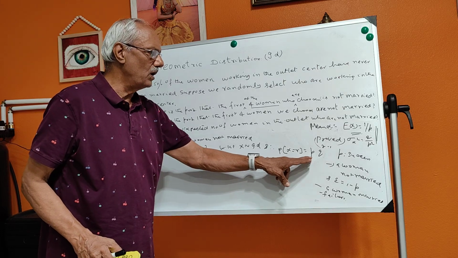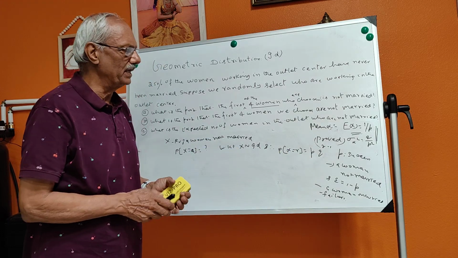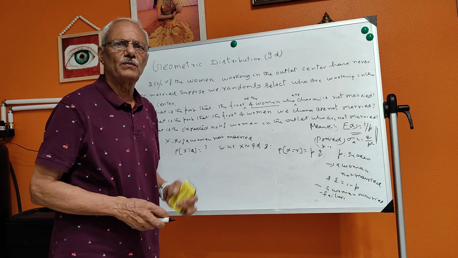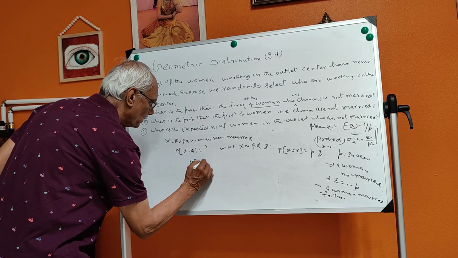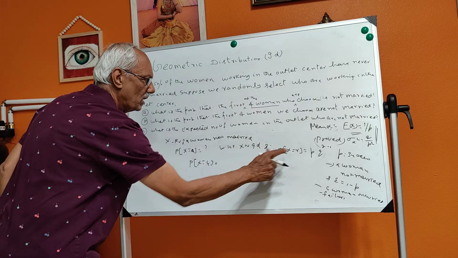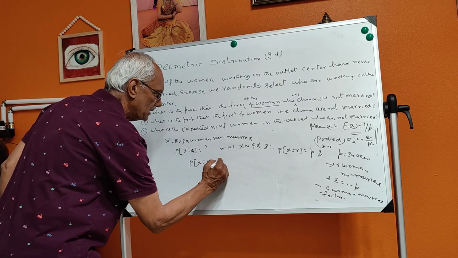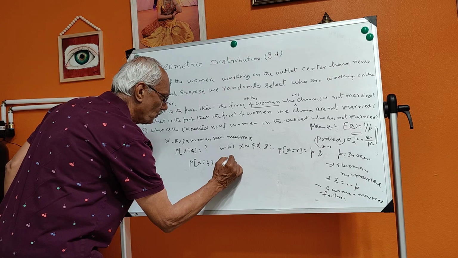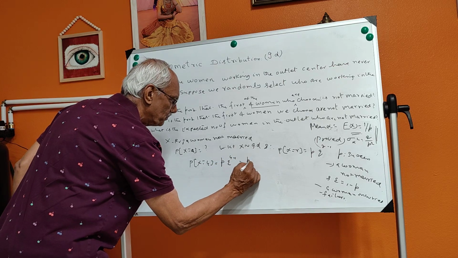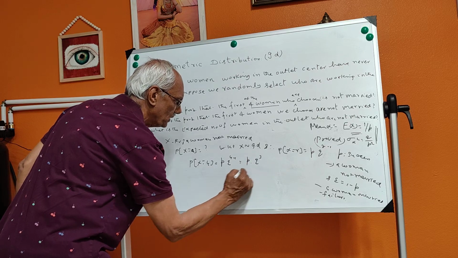P of X equals r is equal to P into Q to the power of 4 minus 1. Simply substitute the values. Now what is P of X equals 4? In the place of r you have 4. The success is P, so Q to the power of 4 minus 1, that is 3. That is P into Q to the power of 3.